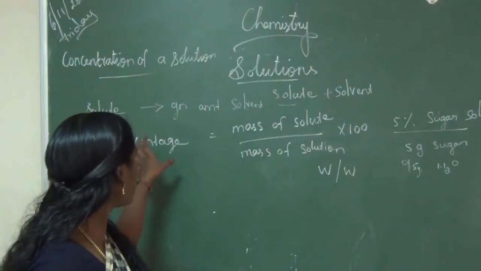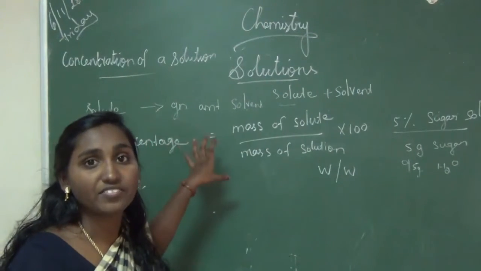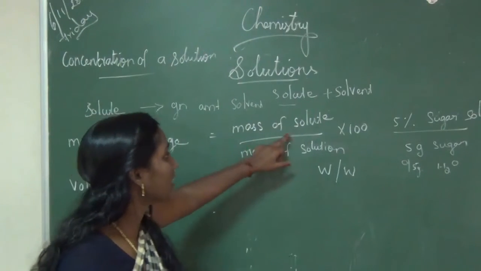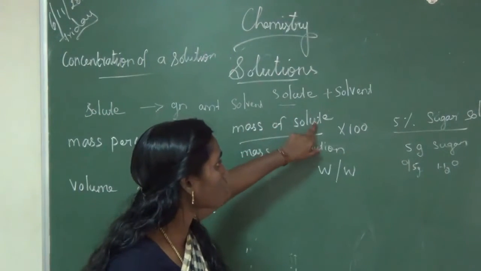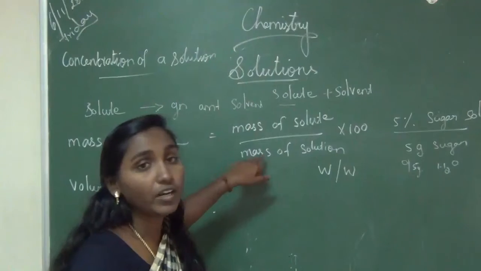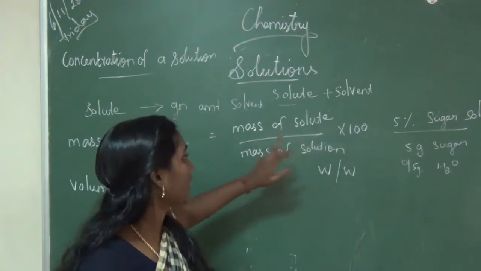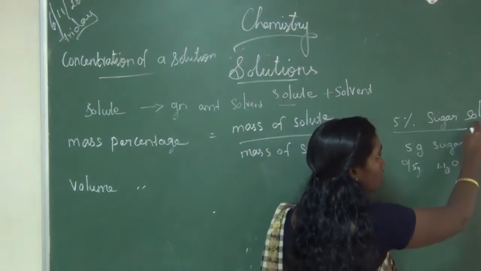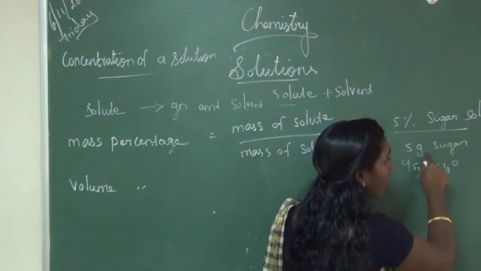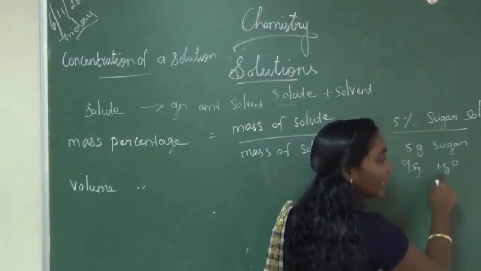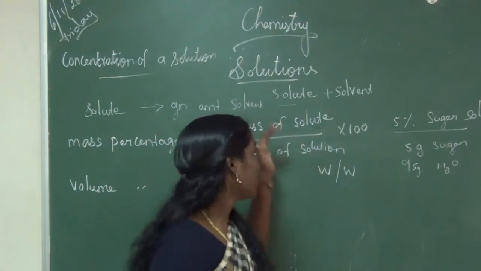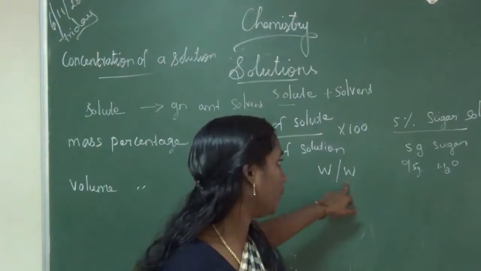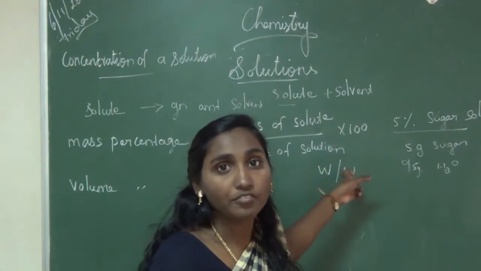Have you understood this mass percentage? So what is the definition? Mass percentage of a solution is defined as the percentage of mass of the solute present in a given mass of solution. Example: 5% sugar solution contains 5 gram of sugar and 95 gram of water. It is expressed in terms of W by W. It is independent of temperature.